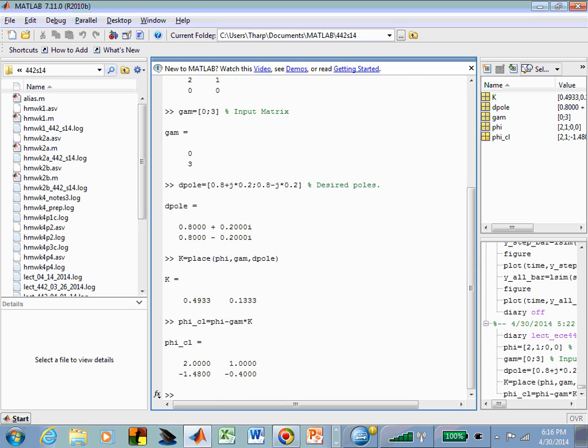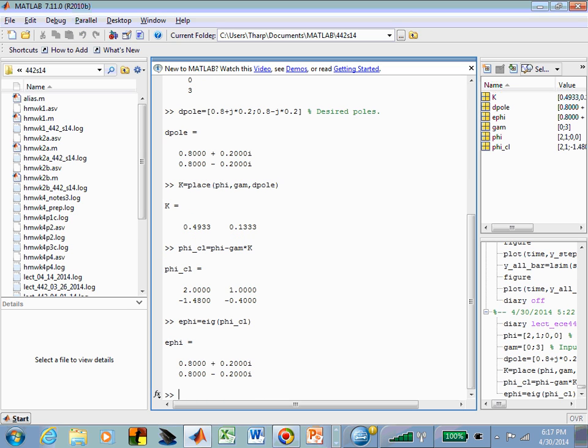There's our closed loop system matrix, and that should be what we calculated. Then we could ask what the eigenvalues of our desired phi matrix are. That's just eig of phi closed loop. And those are where we wanted them to be: 0.8 plus and minus j 0.2.